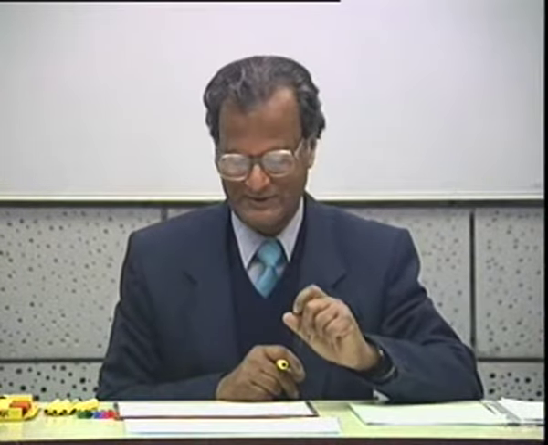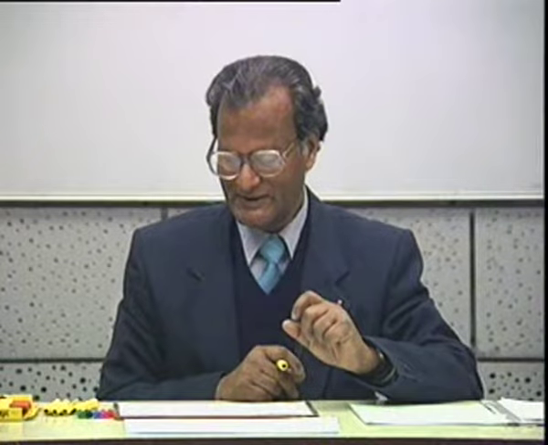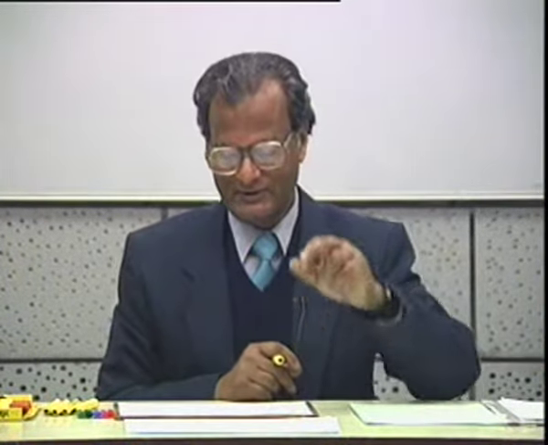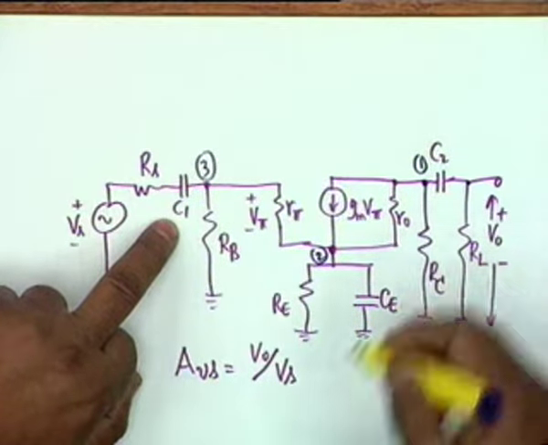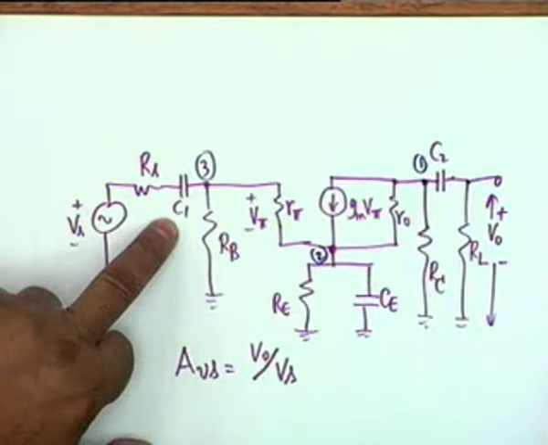What we shall do is, first we will consider the effect of each capacitor independently of the others. In other words, when we consider the effect of C1, we shall assume C2 to be short and CE to be short. Alright, we will justify the procedure later.